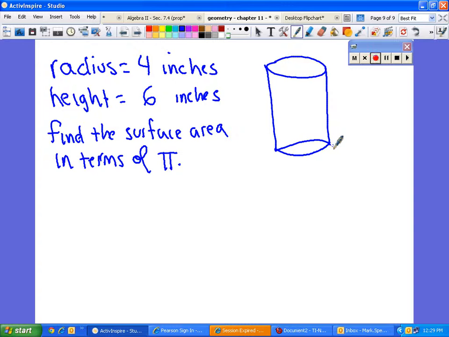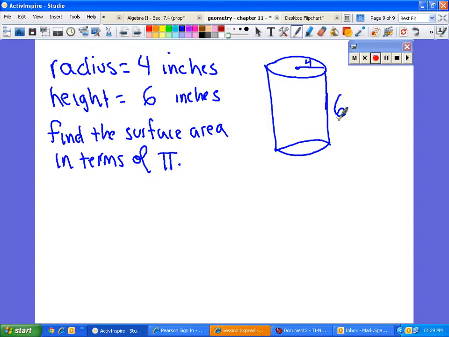Okay, so here's my cylinder. The radius is 4 inches. So how far across the center of the circle does the radius go? It goes halfway. So my radius is 4, and my height is 6.